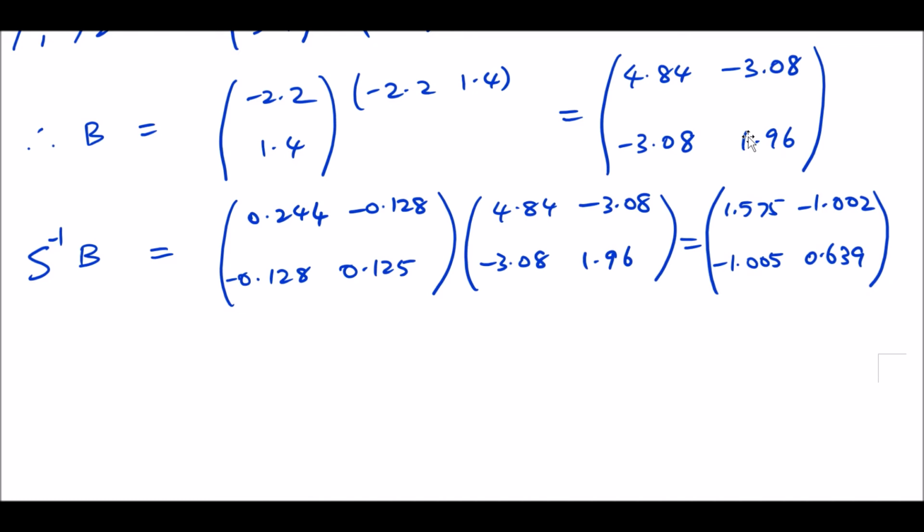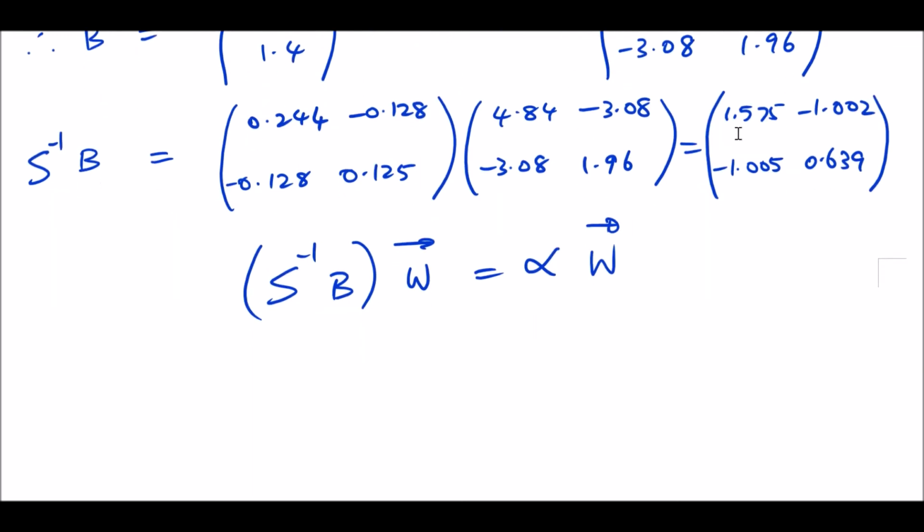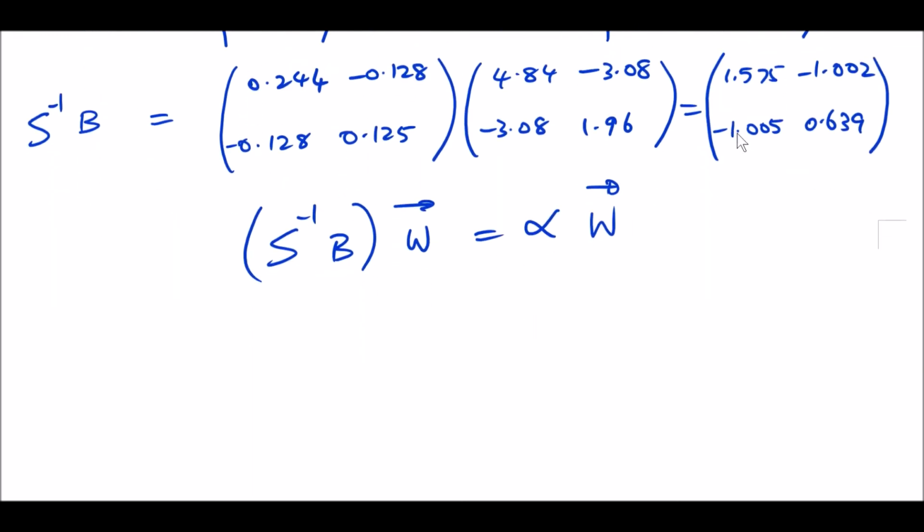So what we are now looking at is S minus 1 B w equals alpha times w. This is an eigenvalue problem in which w is the eigenvector. If you find the eigenvalues of this S minus 1 B, we will get the solution. So how do we find eigenvalues?